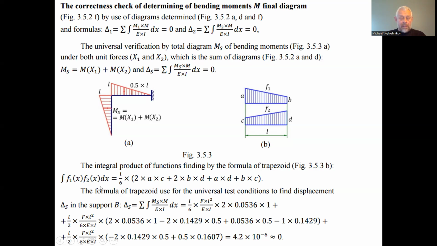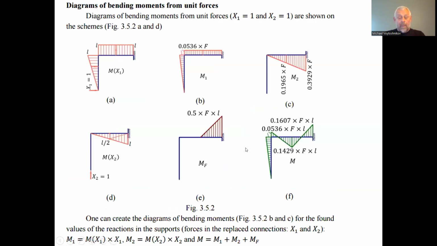And as these two functions, we consider the function of the bending moment obtained for the considered mechanical system as a total of three diagrams of bending moment: the action of the support force x1, the bending moment of the force x2, and the external load. We have the final bending moment diagram, and we have to check it.